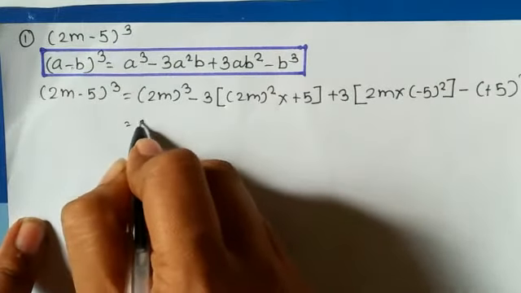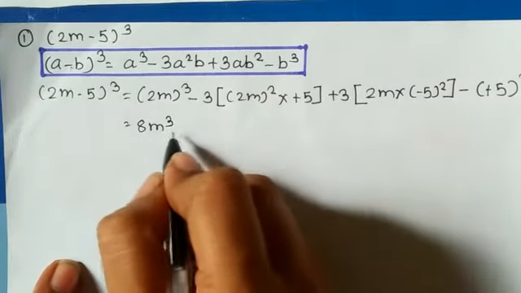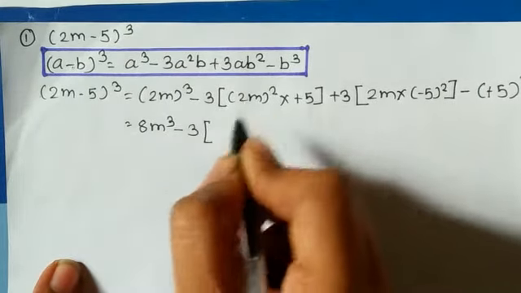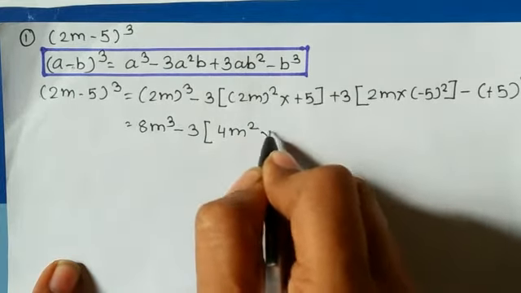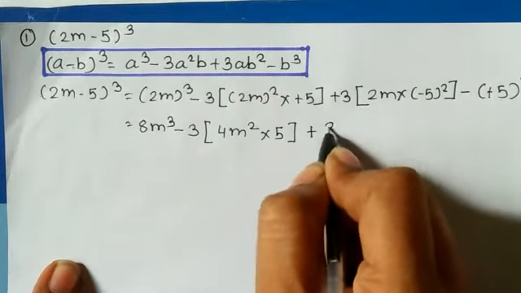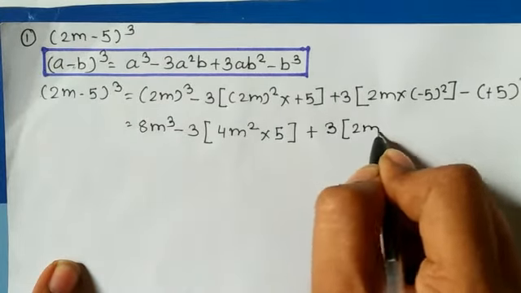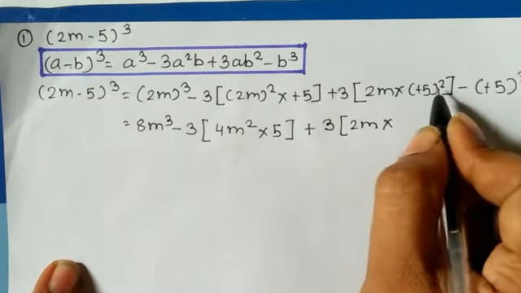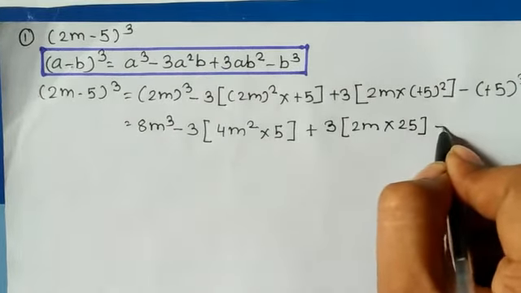Cube of 2 is 8. m's cube, it means m raised to 3, minus 3 into bracket square of 2, 4m square, multiply with 5, bracket complete, plus 3 into bracket 2m into square of 5 is 25, bracket complete.